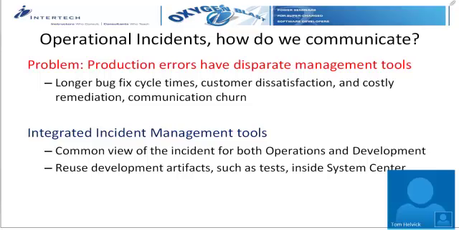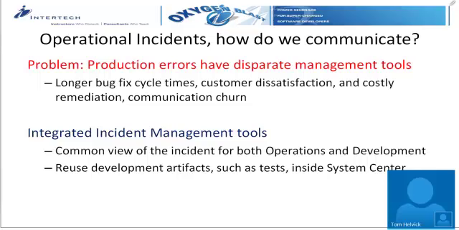We've all played the telephone game, and we've all been doing something while somebody else is talking, or vice versa, you're talking to them and they're not there, and there's no way to know it. So what that does in some cases is it creates some definite communication churn. So having a single set of tools or well integrated tools will really help facilitate that communication between operations and development.